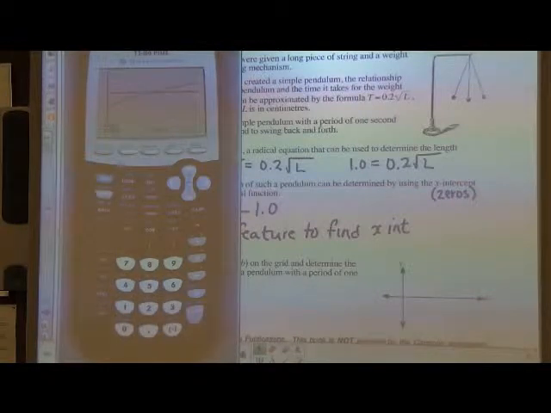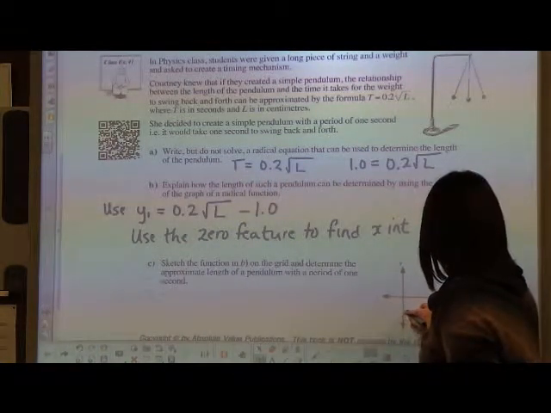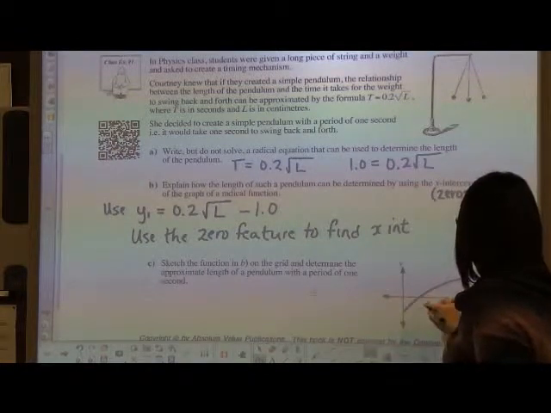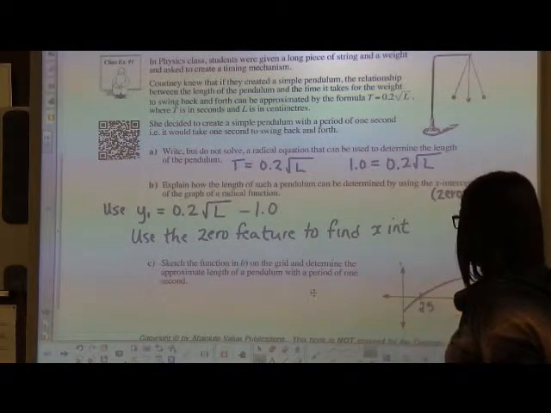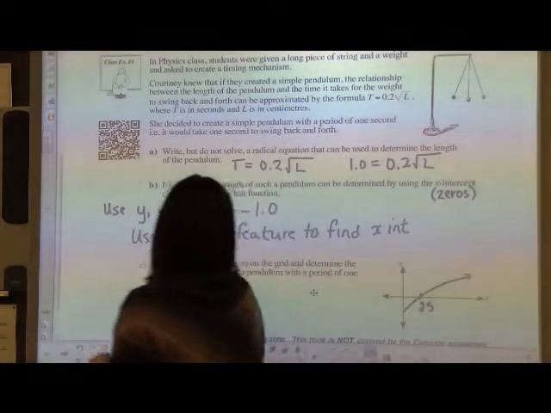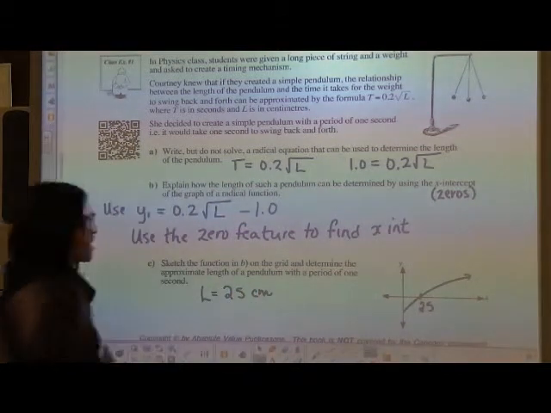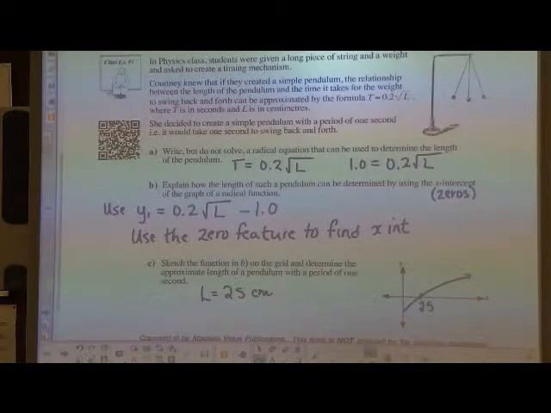So now if I sketch that, I get that this equals 25. So the length would be 25 centimeters. So if she makes her pendulum 25 centimeters long, it will take 1 second for it to do 1 rotation.